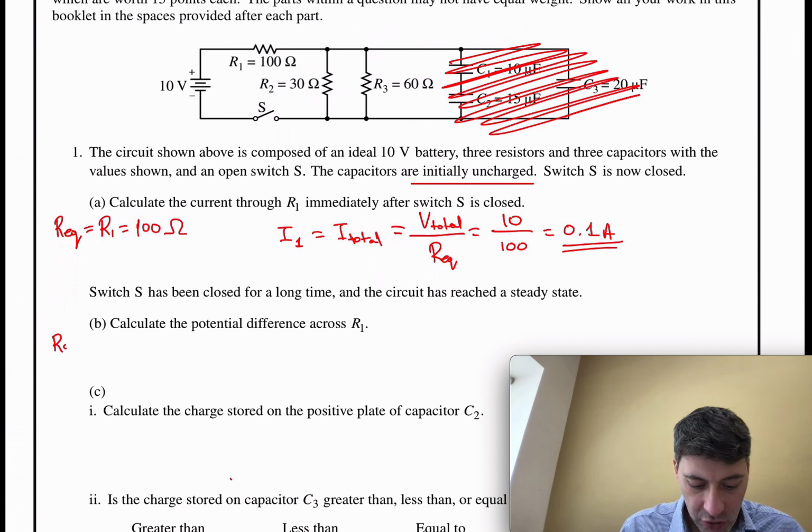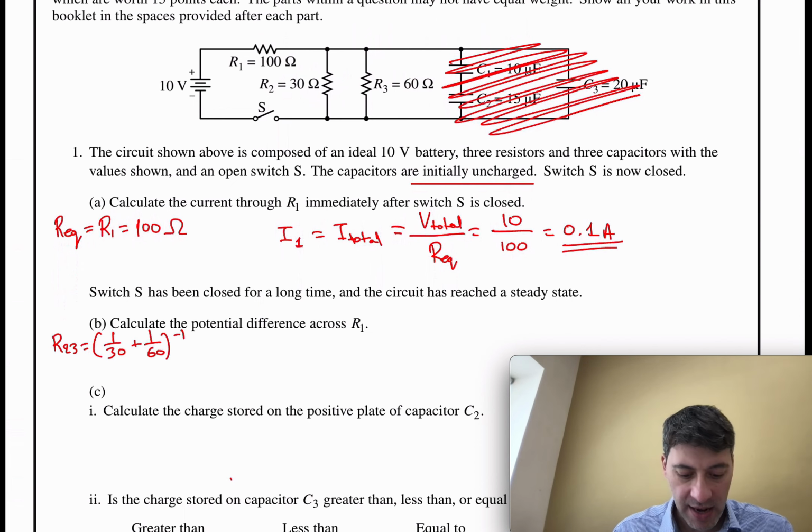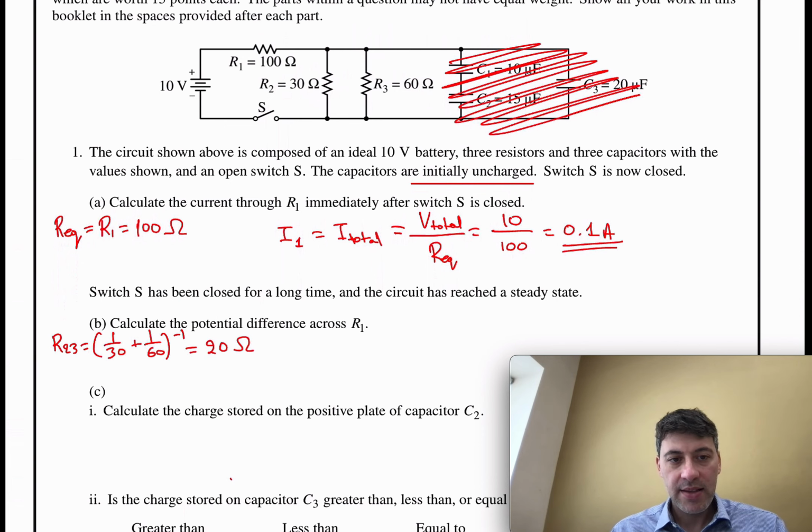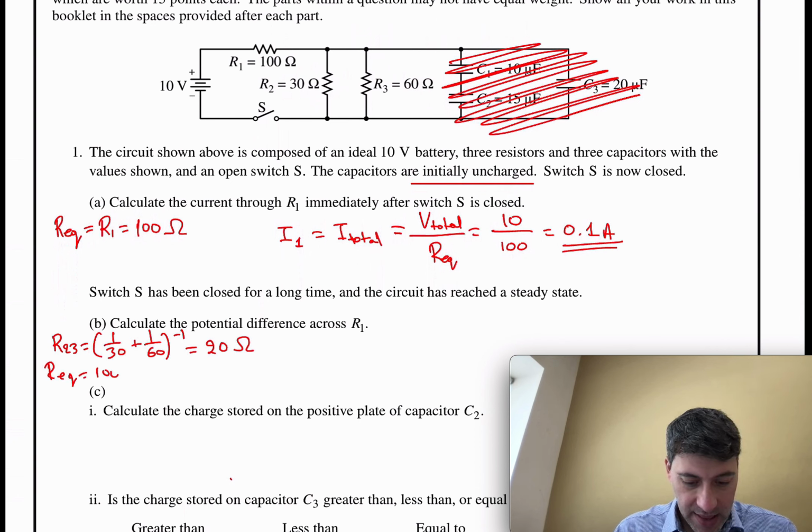So, R23 is equal to (1 over 30 plus 1 over 60) to the power of negative 1, because they are parallel. So 2 over 60 plus 1 over 60, 3 over 60, and if we flip it, the result is 20 ohms. And the total resistance, the R equivalent, is R1 plus the combination of 2 and 3, so 120 ohms.